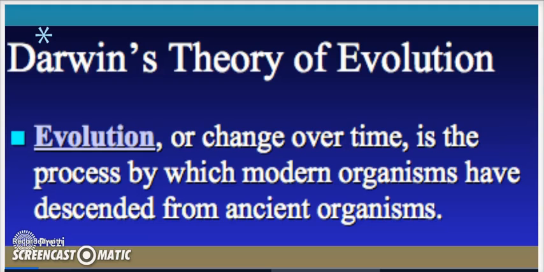Just like you're a descendant of your parents and your great-grandparents, he believed that evolution is descent from one common ancestor of all living things down to the multitude of species that we have today. So that's his idea of evolution. Go ahead and hit pause and write this information.